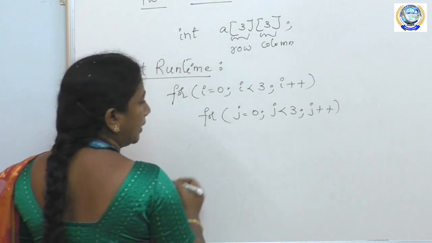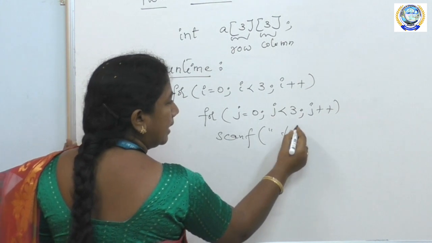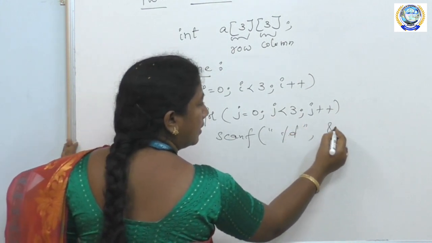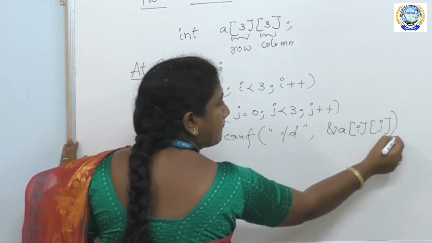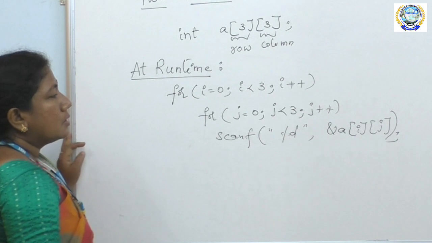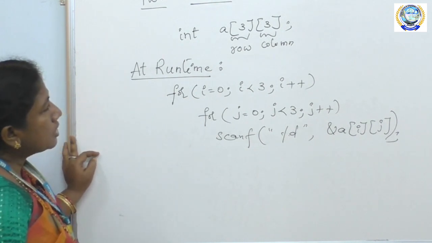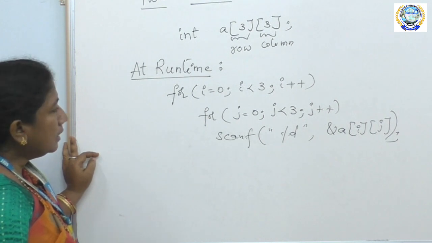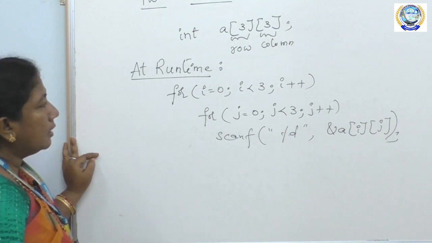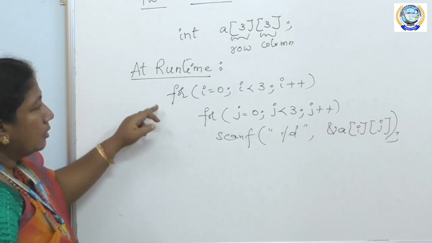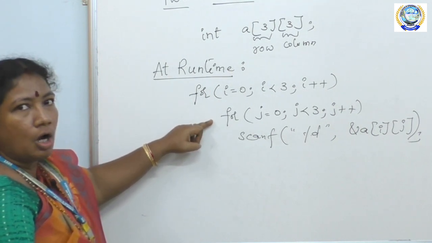Next, scanf("%d", &a[i][j]). So, in order to read the values into a two-dimensional array by using input statements, we have to take two for loops, one for maintaining the rows and another for maintaining the columns.